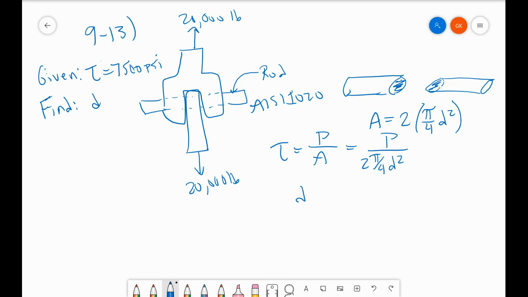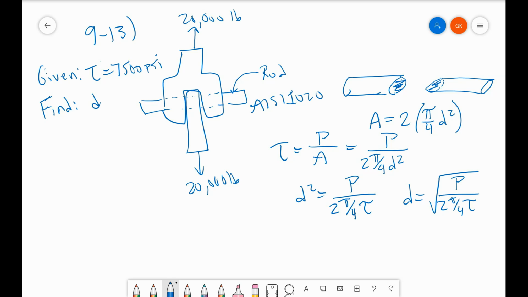I get d squared equal to P, the load, over 2 times pi over 4 times the shear stress. I'll take the square root of both sides to get that the diameter is equal to the square root of the load over 2 times pi over 4 times the shear stress.